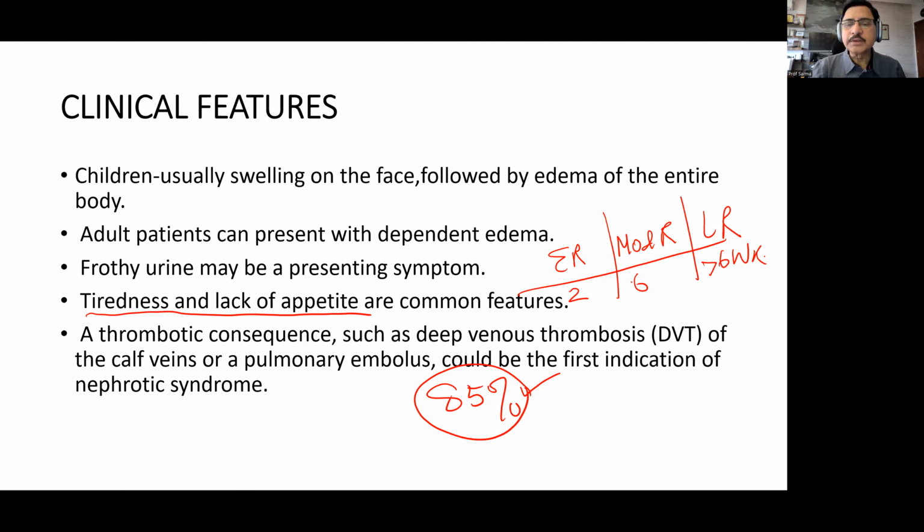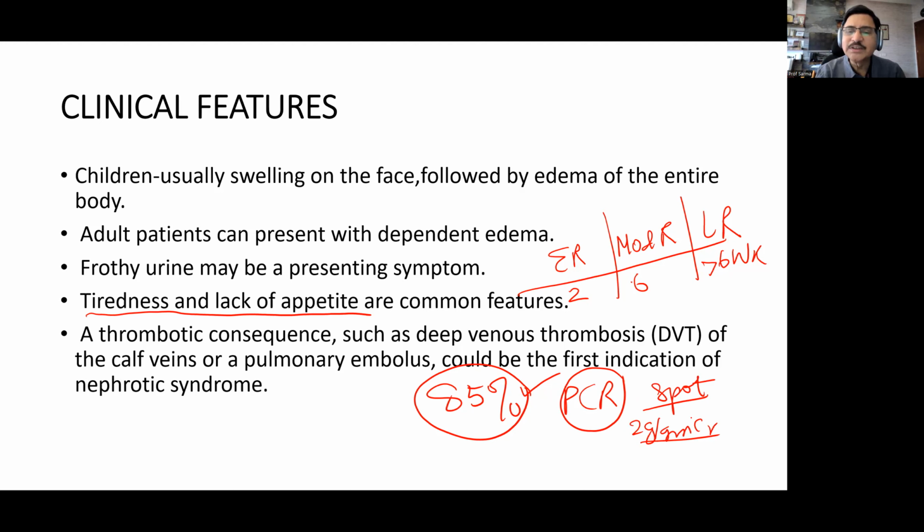So how do we assess? Do a protein creatinine ratio on a 24-hour urine, and if that is not feasible, do it on a spot urine. If the protein creatinine ratio is more than 2 grams per gram of creatinine, then it is increased. Now, presenting with DVT is not a common presentation at all.